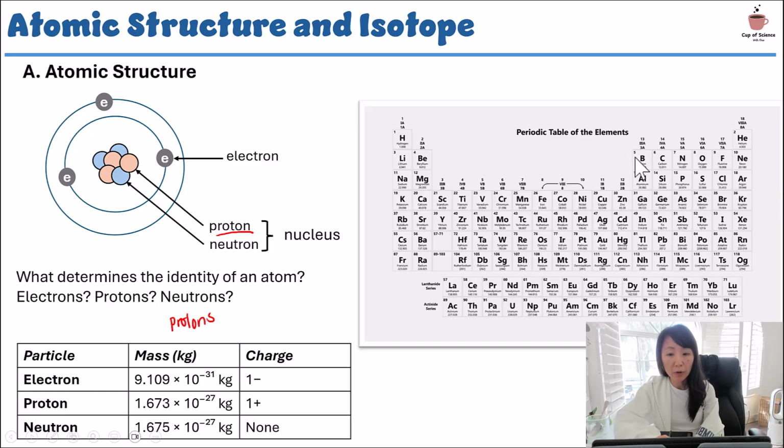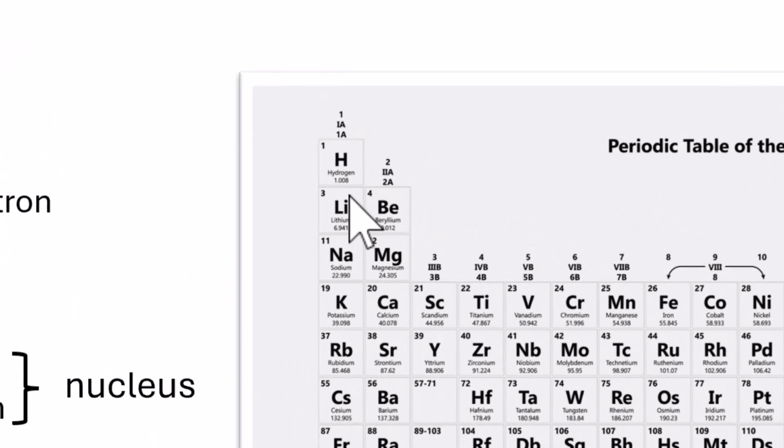That corner number, or it might be located right above the element, is the atomic number. So that's how I know this is lithium. Lithium has the number 3. That will be the same for all of these guys.